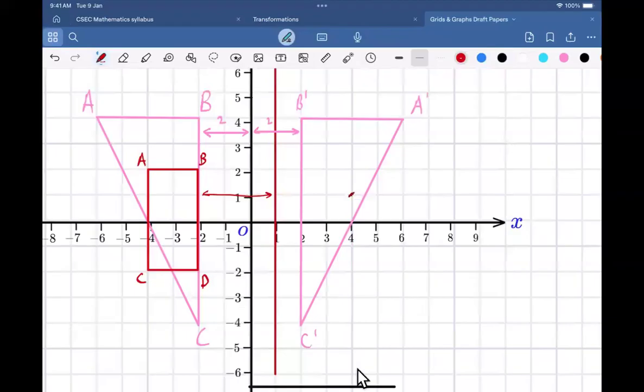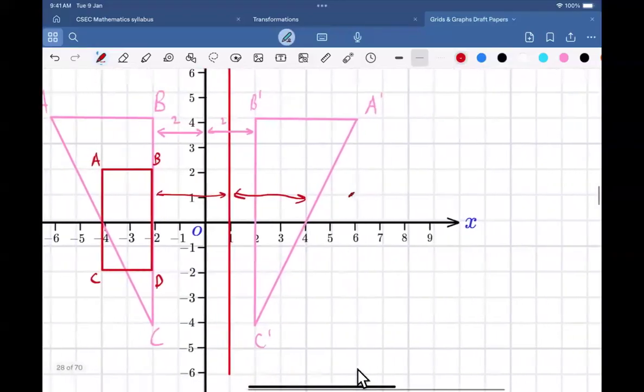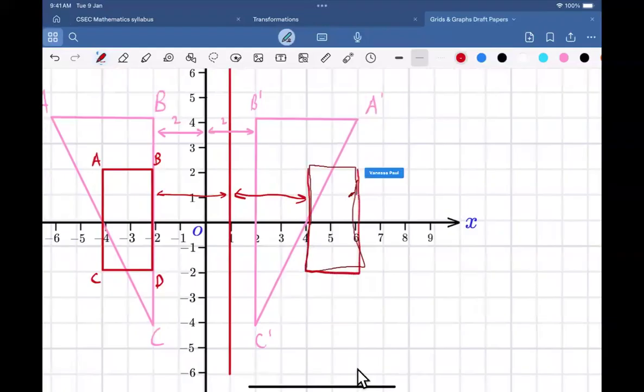So 1, 2, 3. And then it will be here. It goes down, down, down, down. Is that what you mean? Yes. But tell me, where would be A prime? Where would be B prime, C prime, D prime?